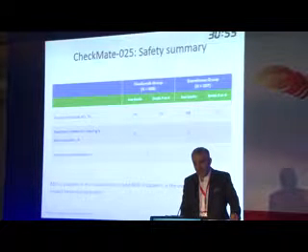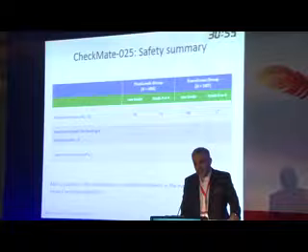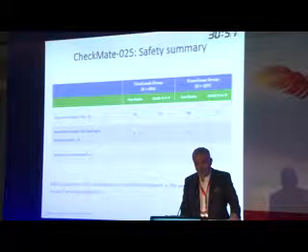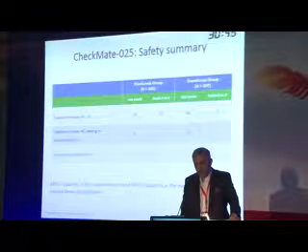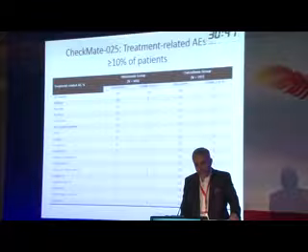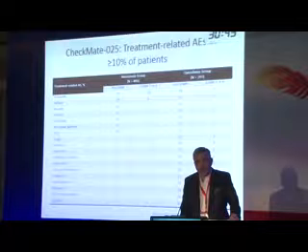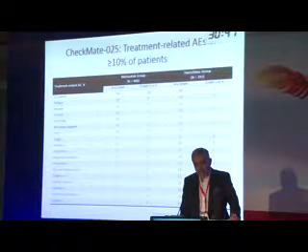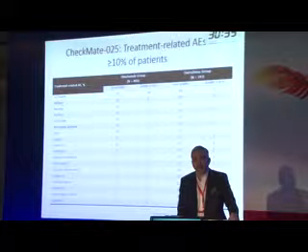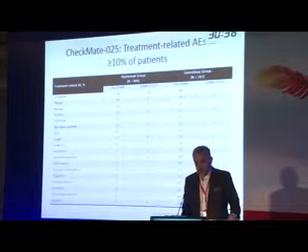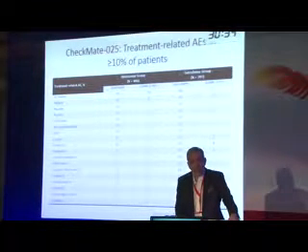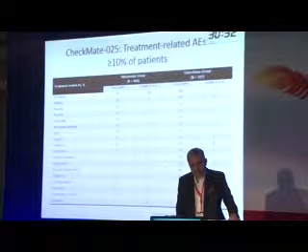The grade 3 and 4 toxicity is by far much better than everolimus, which is almost 50%. The other toxicities are mainly fatigue, nausea, and pruritus, so most of those are manageable. And there are specific toxicities from the immunotherapy, mainly the immune reactions, hypothyroidism, and skin toxicity.